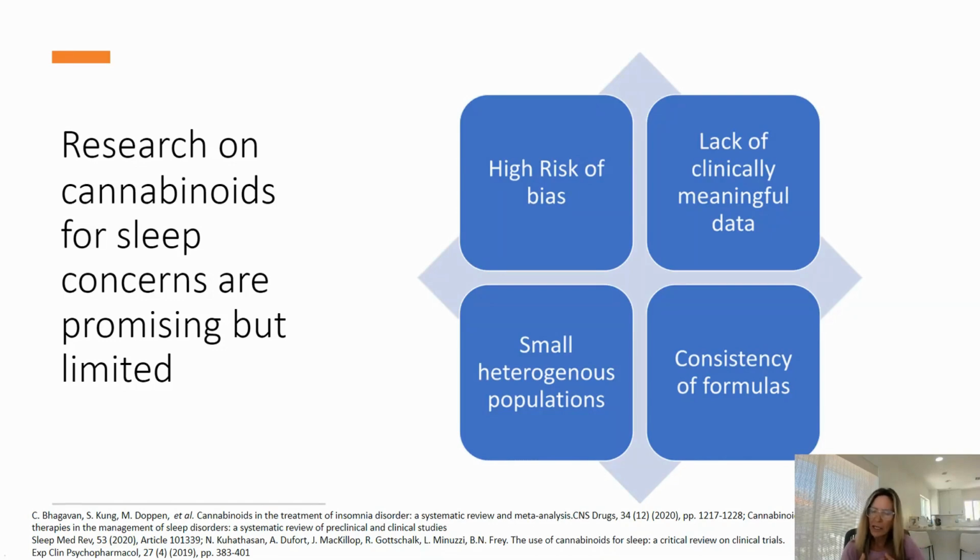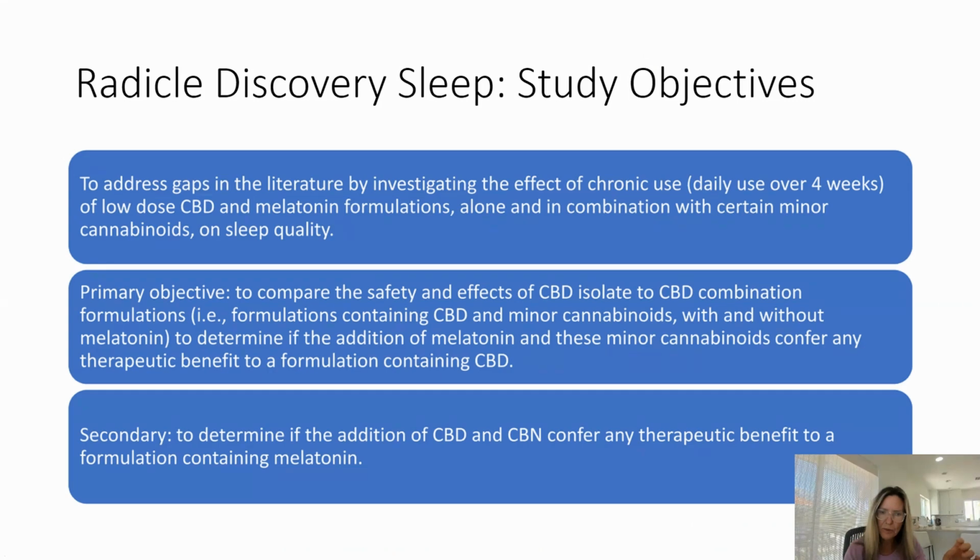And so in our study, we sought to address the gaps in the literature by investigating the effects of daily use over 4 weeks of low-dose CBD and melatonin formulations. We looked at them alone and in combination with certain minor cannabinoids, assessing them on sleep quality.